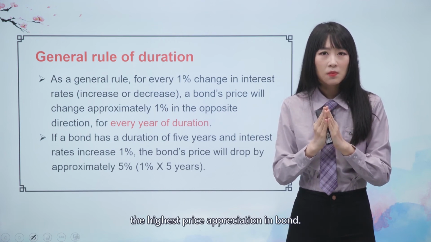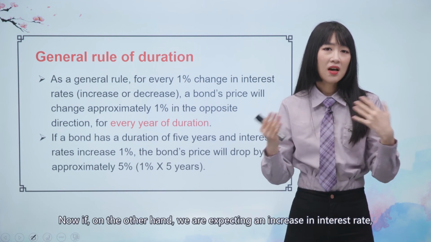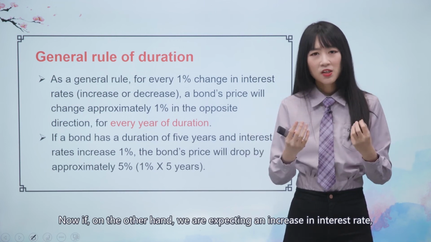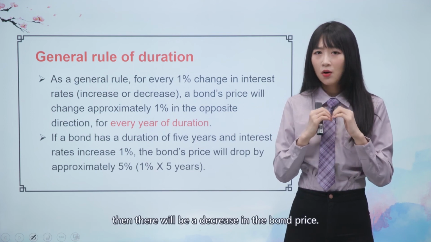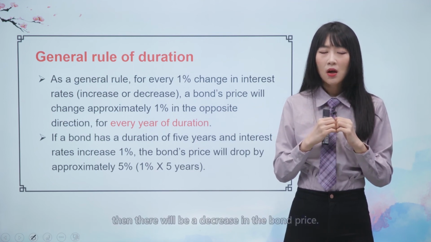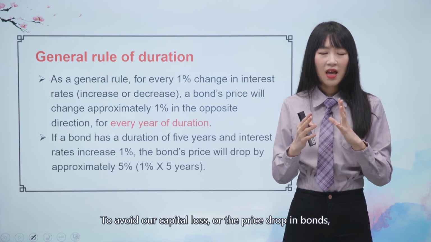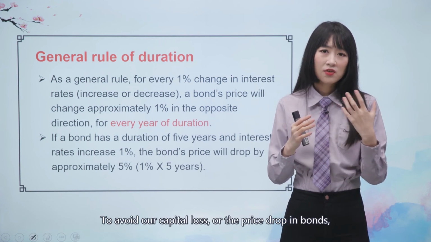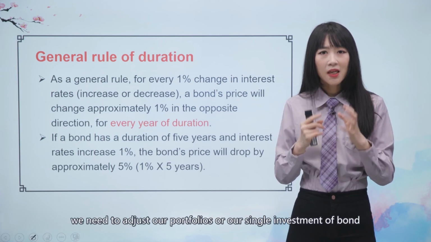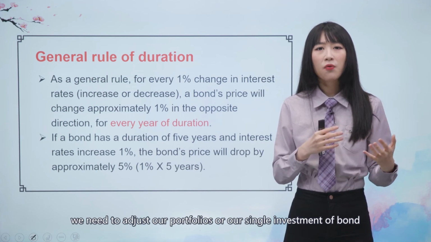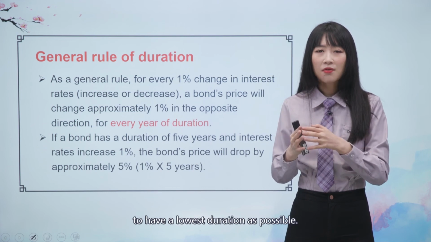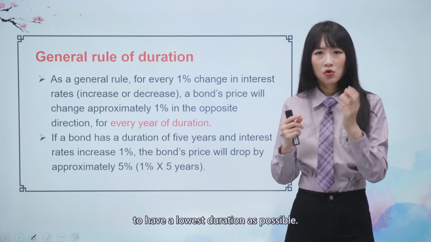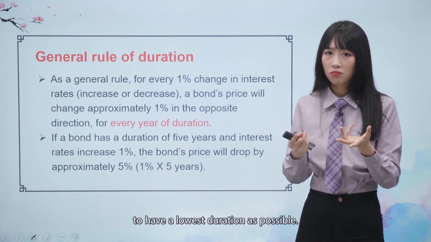On the other hand, if we are expecting an increase in interest rate, there will be a decrease in the bond price. To avoid capital loss or price drop in bonds, we need to adjust our portfolios or single investment bonds to have the lowest duration possible.